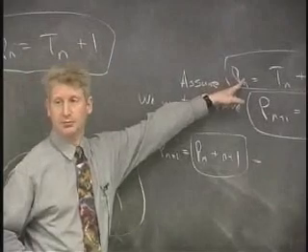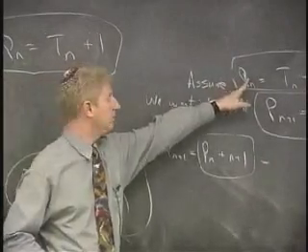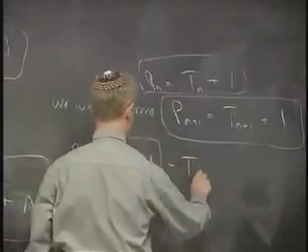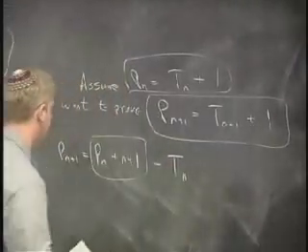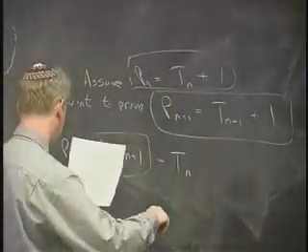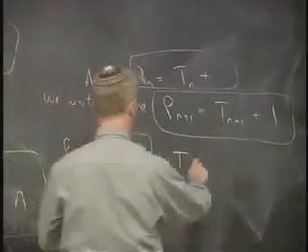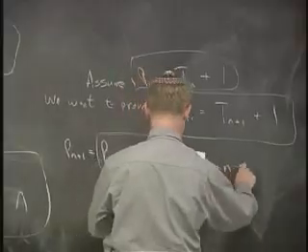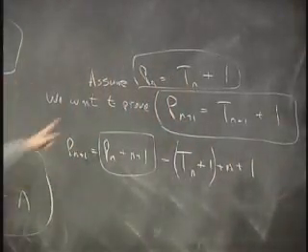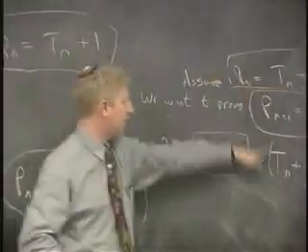Now let's use this assumption. P of n is equal to T of n plus 1. So this equals T of n plus 1 plus n plus 1. So first I use this theorem, and then I use this assumption.